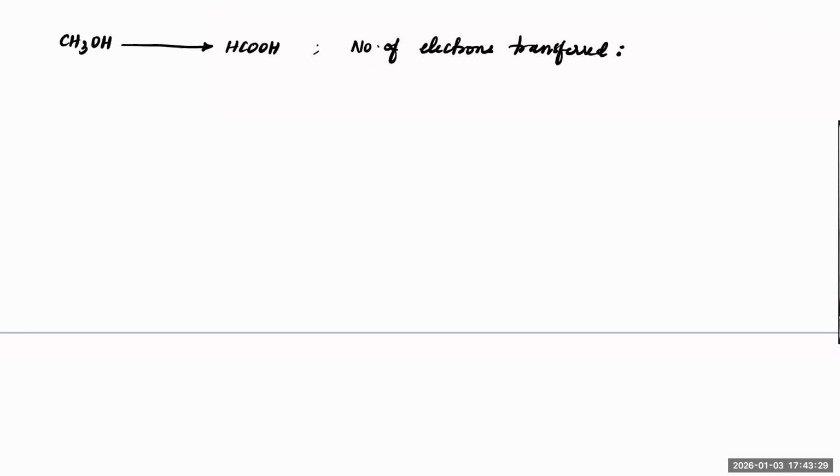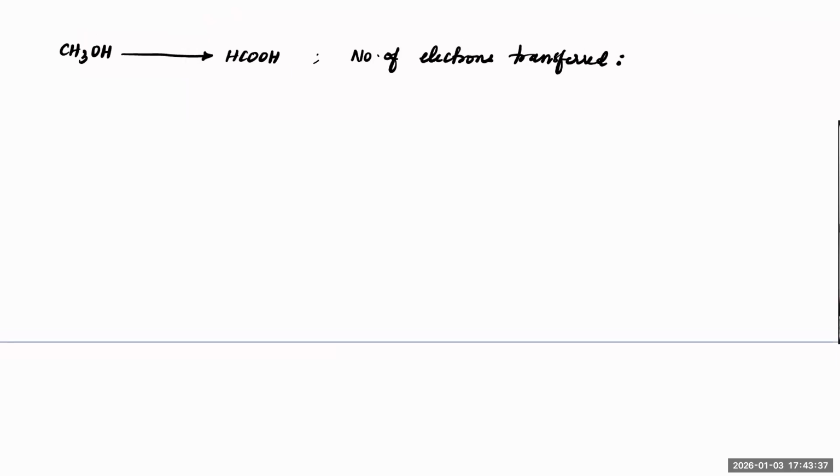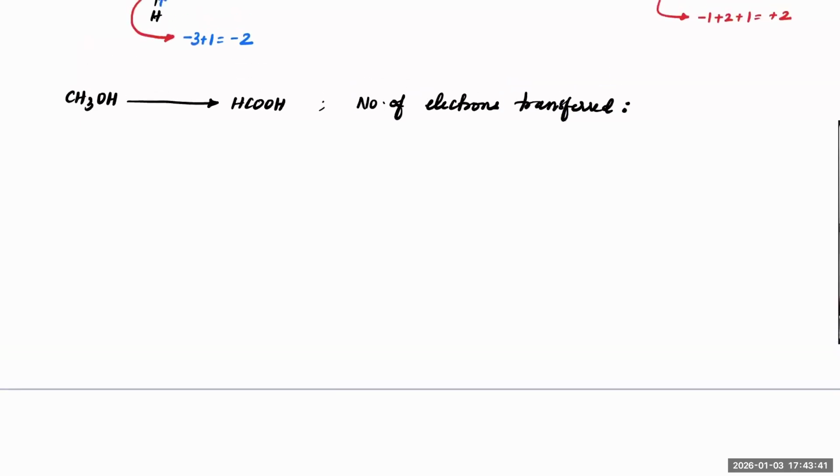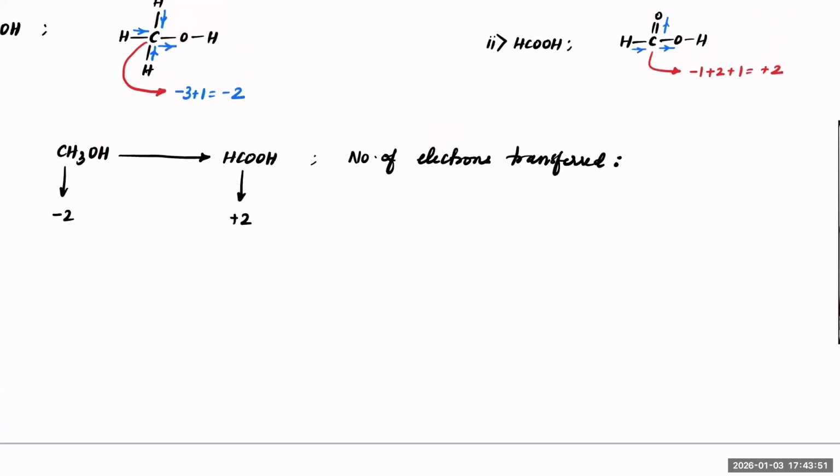To find out the number of electrons transferred, the oxidation state here, we got the carbon already has -2, and here the carbon has +2. -2 to +2. How many electrons are transferred total? 4 electrons got transferred.